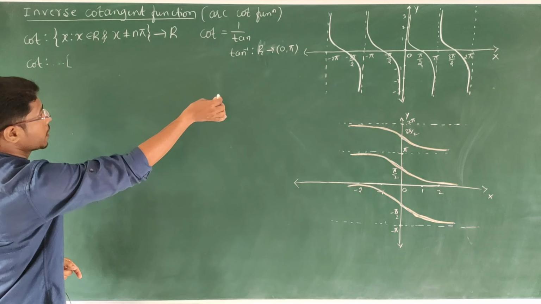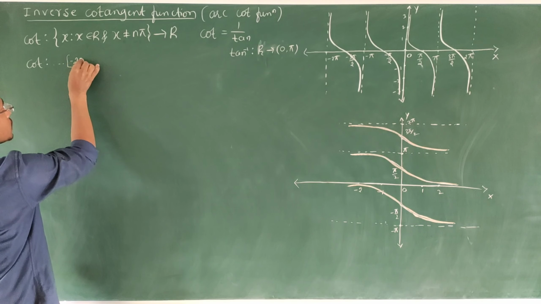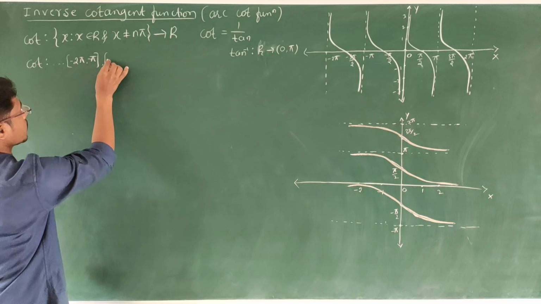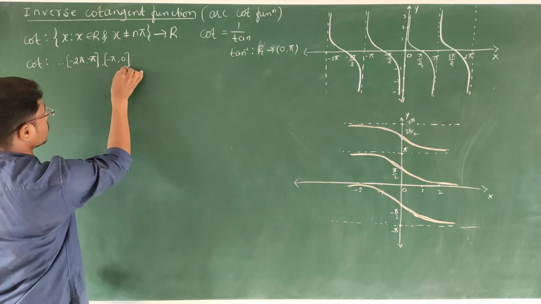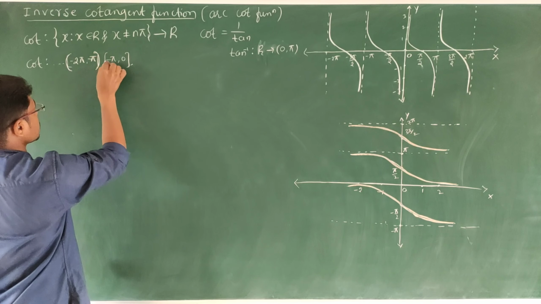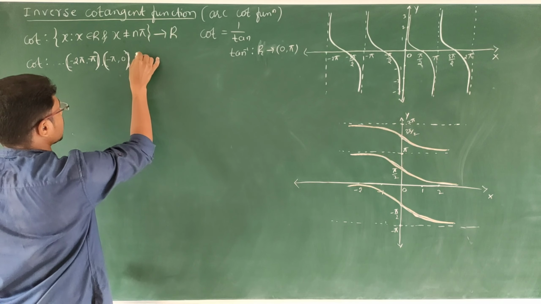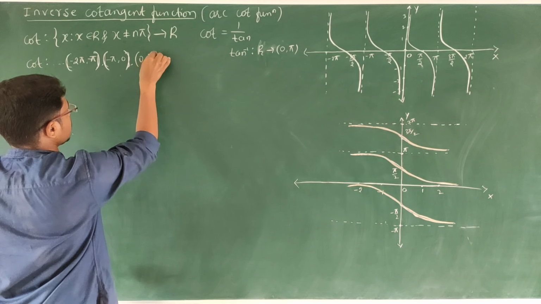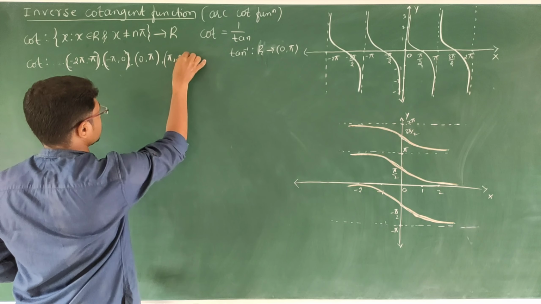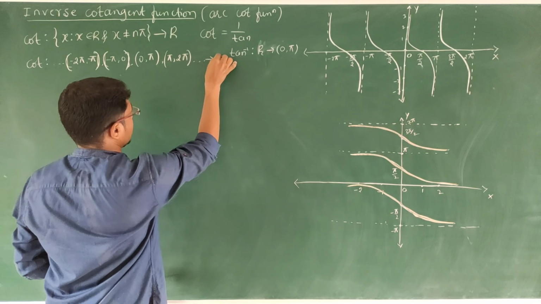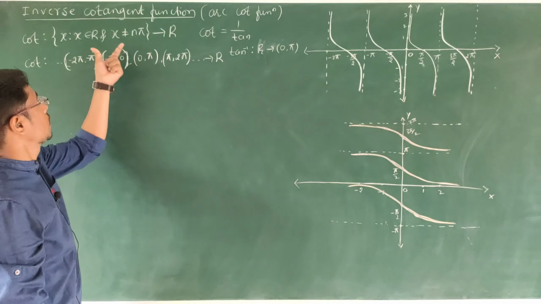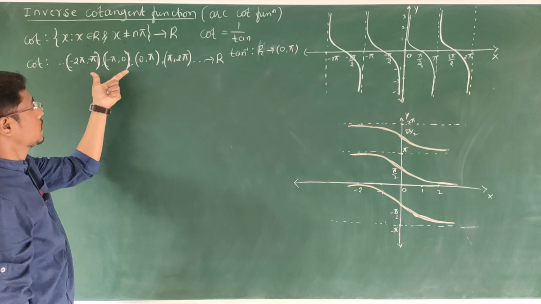The restrictions of cot are: first from minus 2 pi to minus pi, then minus pi to 0, which are all open intervals, not equal to the end points, and then 0 to pi, pi to 2 pi, and so on, to R. This is the cot function when I write its domain as intervals.